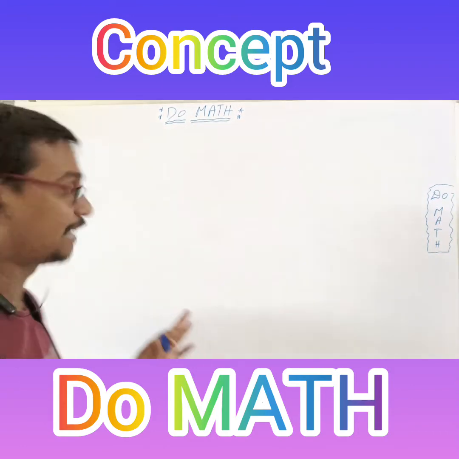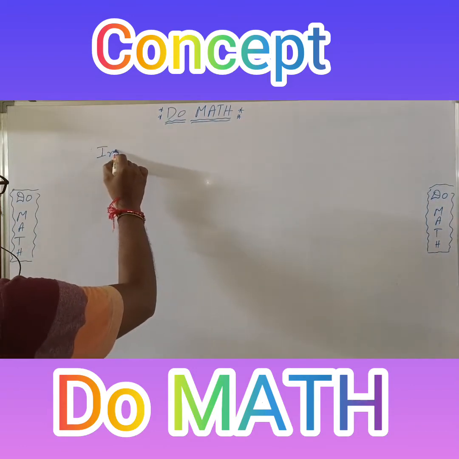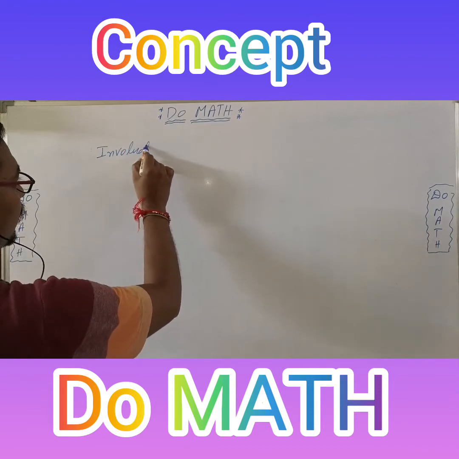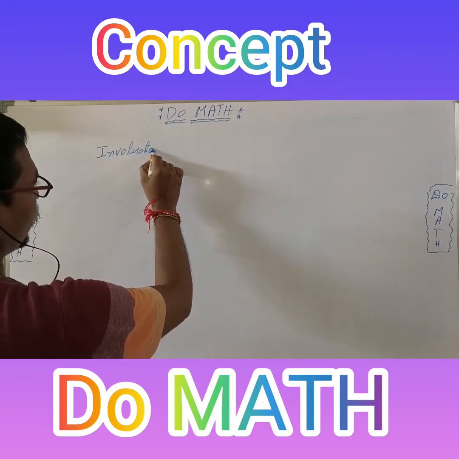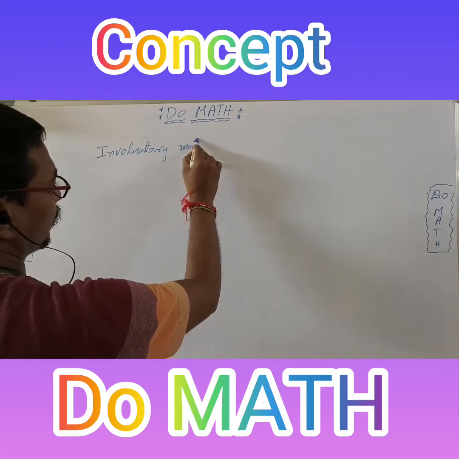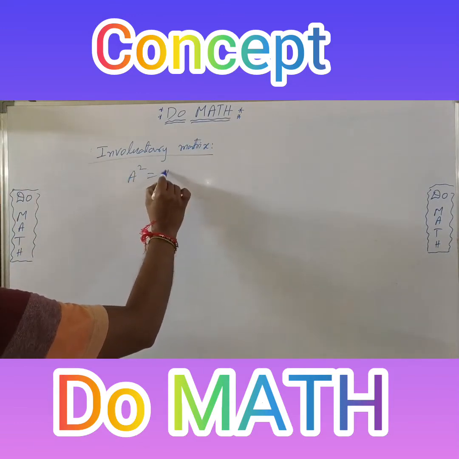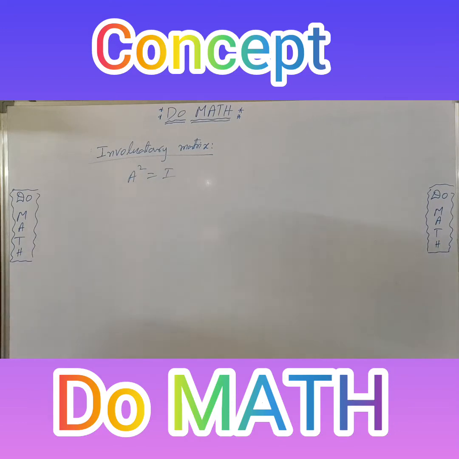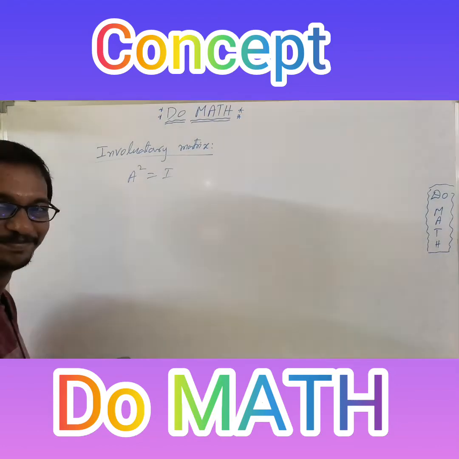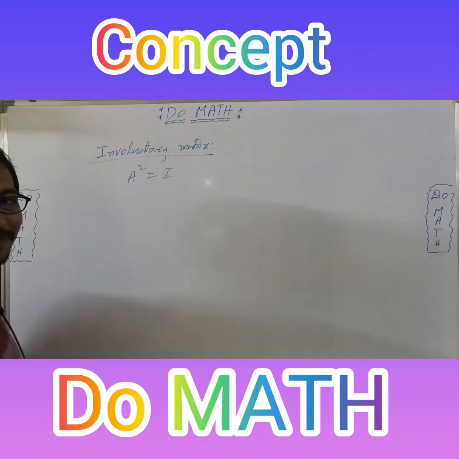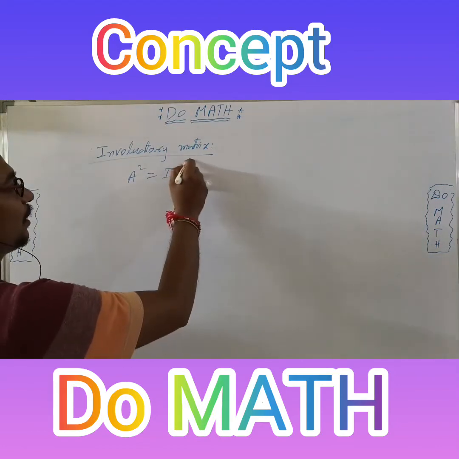Next is the involutory matrix. If A square equals I, that is, the square of the matrix equals the identity matrix, then A is called an involutory matrix.